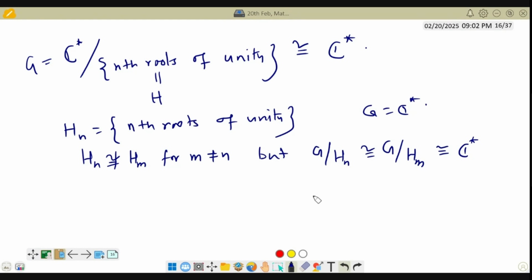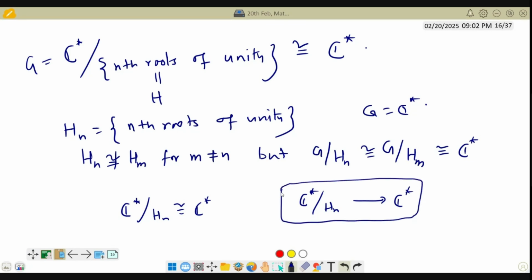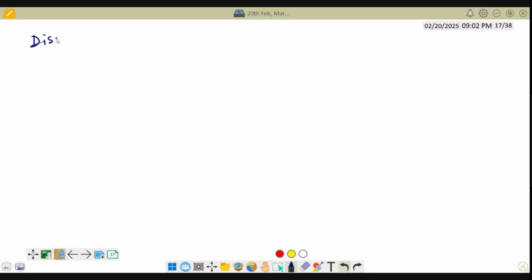Then what is that isomorphism? Means from where to where, I want to know. So you are saying this is isomorphic to C star, so you want to construct an isomorphism from this, right? Yes, that mapping. In practical terms it is not easy. You can define the map, but for practical purposes, suppose you are asked to prove this thing.